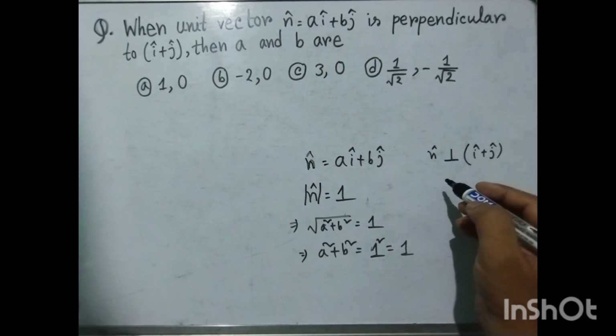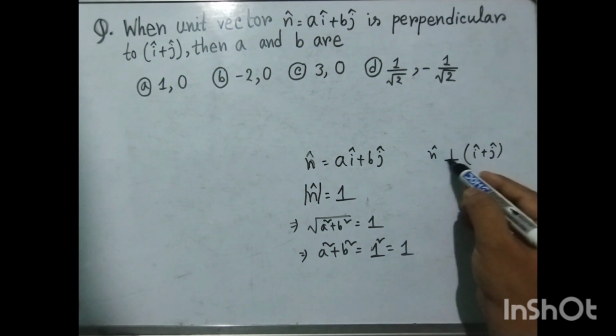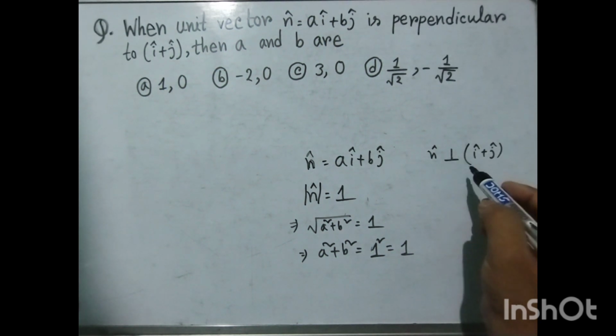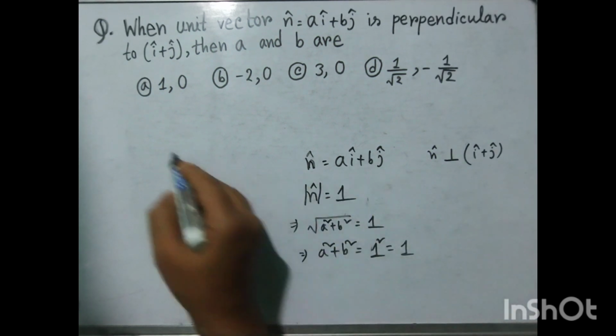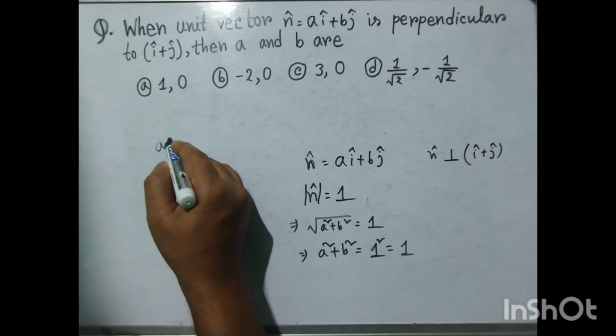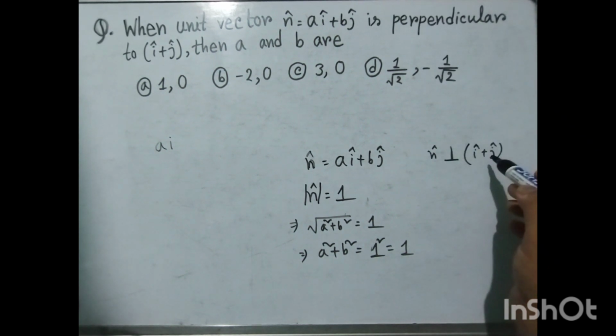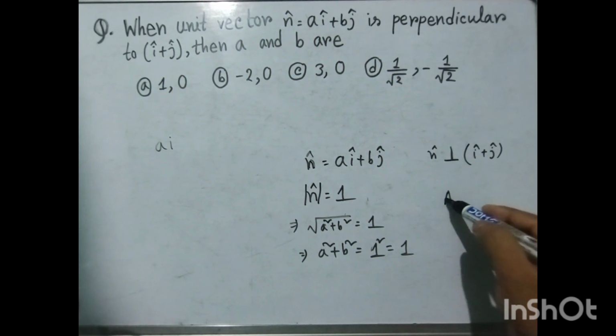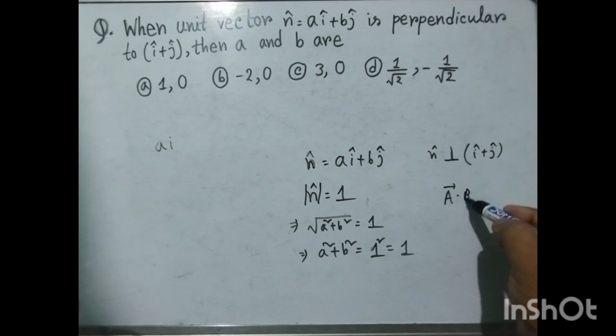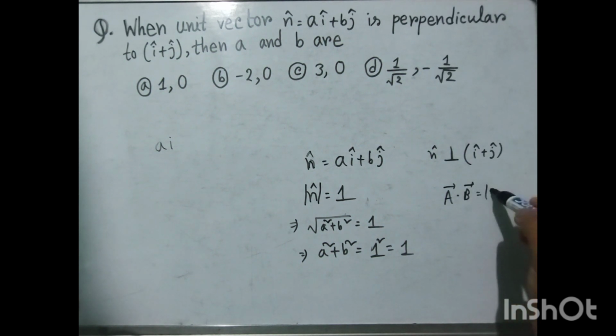So n cap is a i cap plus b j cap. What if n cap is perpendicular to this vector? We know that a vector dot b vector is mod a mod b cos theta.